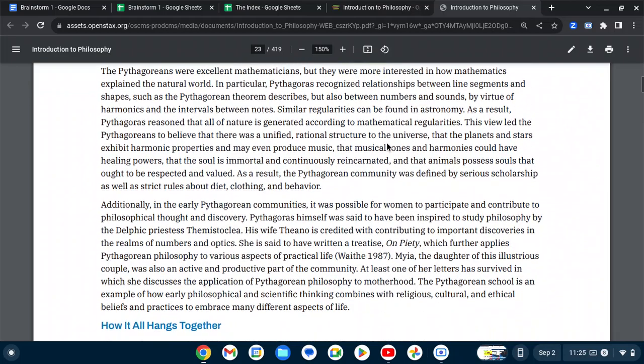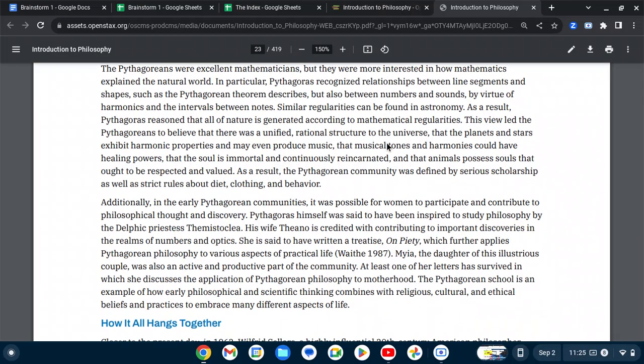The Pythagoreans were excellent mathematicians, but they were more interested in how mathematics explained the natural world. In particular, Pythagoras recognized relationships between line segments and shapes, such as the Pythagorean theorem describes, but also between numbers and sounds, by virtue of harmonics and the intervals between notes. Similar regularities can be found in astronomy. As a result, Pythagoras reasoned that all of nature is generated according to mathematical regularities.